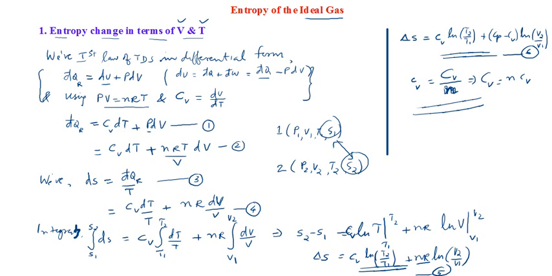So these expressions, equation number 5 or 6, can be used to calculate the entropy change of an ideal gas system undergoing a transformation, in terms of the volume and temperature. So that's it, and in the next video we'll, in the same manner, derive the expression for the entropy change in terms of the other two variables as well. Okay, thank you.